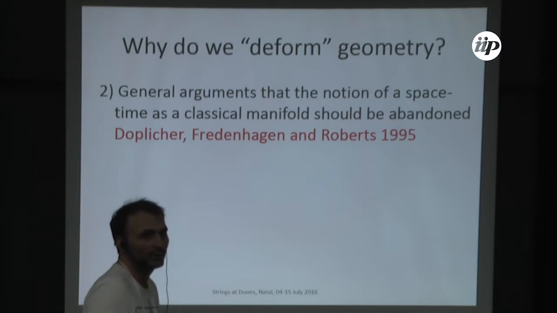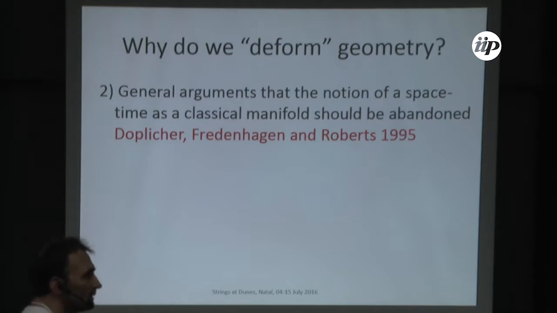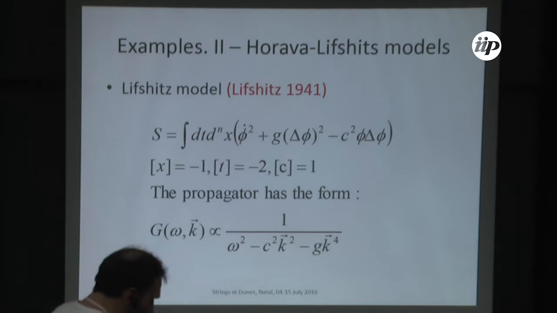If you measure the point on the manifold with better and better precision, you start creating black holes, and you don't know what that means. So it's a clear argument that on the Planck scale, or whatever you call the quantum gravity scale, the geometry or approach should be modified. Call it quantized.